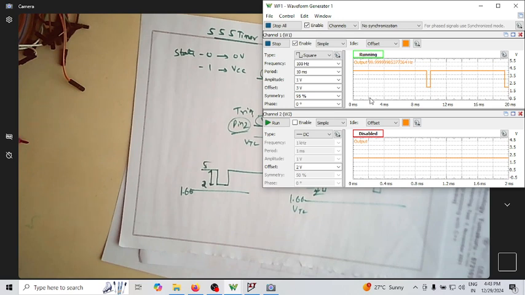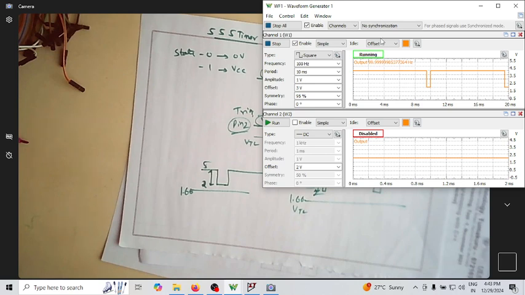I think this is offset of 2 and amplitude of, okay, just give me a minute. So I have to have, let me make this an amplitude of 1 volt and offset of 3 volts.